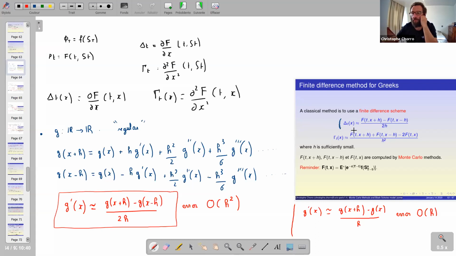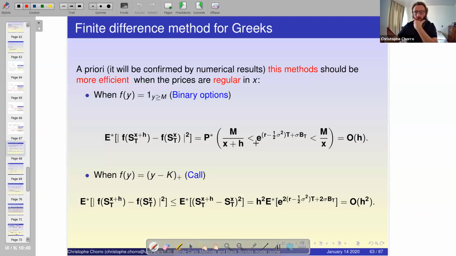If I have a price function that is very regular in H, my approximation will be better. You can see this on two examples where I study the dependence of my payoff function in the initial condition.